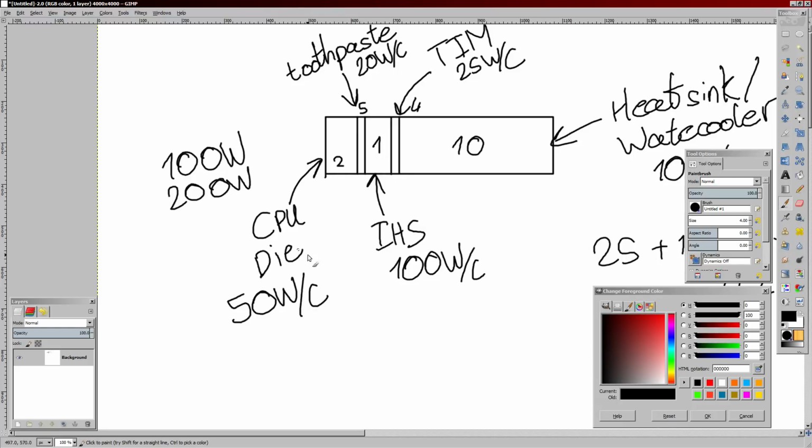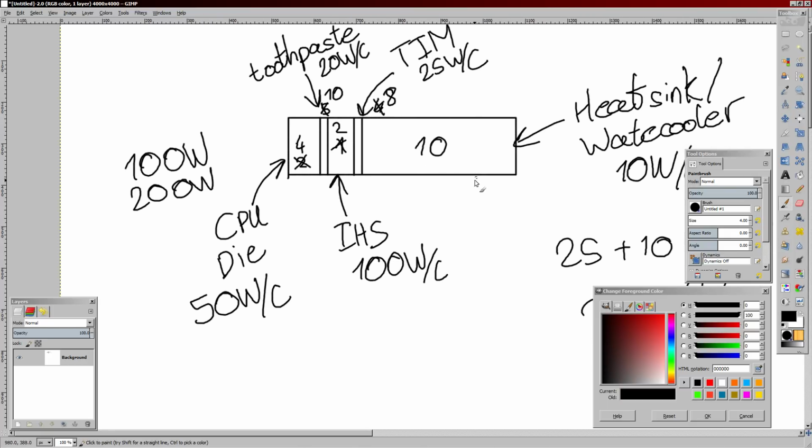So we've gone up to 200 watts heat dissipation. Now our temperature rise across the CPU die goes from 2 degrees to 4. Our toothpaste now lifts our final temperature by 10 degrees. Our IHS does it by 2. Our real thermal paste does it by 8. And our heatsink does it by 20.